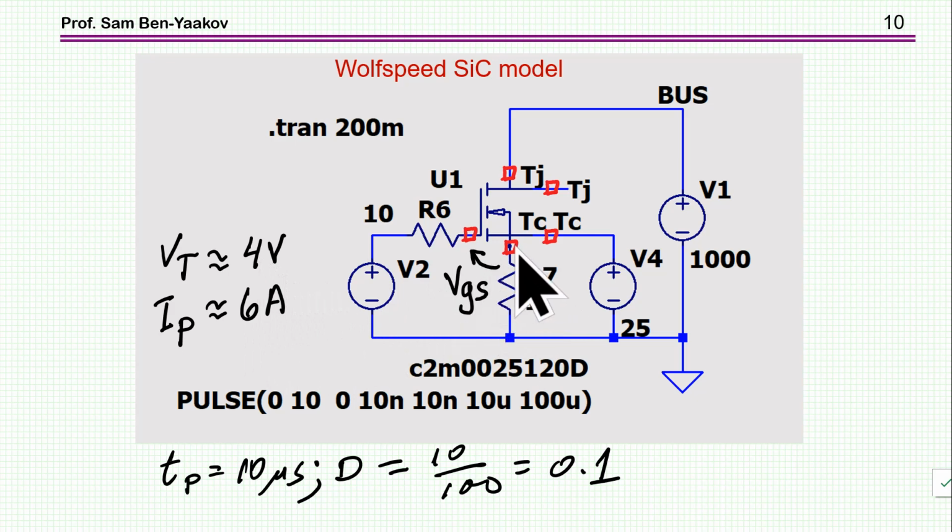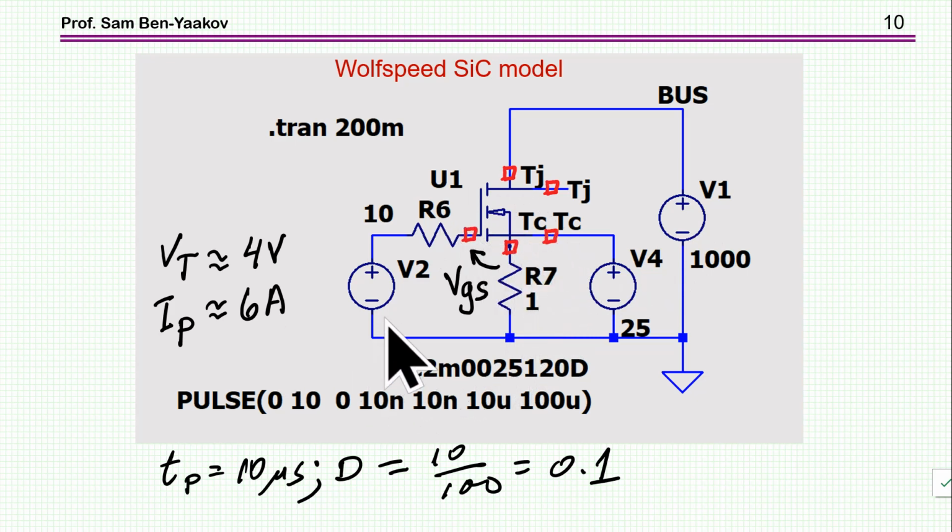Then the remaining 10 minus 4, 6 volt is on this resistor, being 1 ohm, so you'll have 6 amp passing through, while the voltage is, of course, the 1000 volt here, which is the voltage source, minus the voltage here, which is 6 volt in this particular case. You can neglect it or take it into account, okay? So this is just a tool to see how well this model is operating.